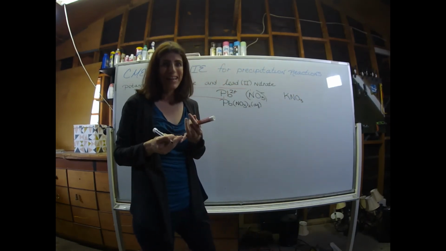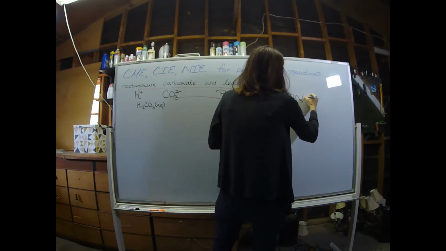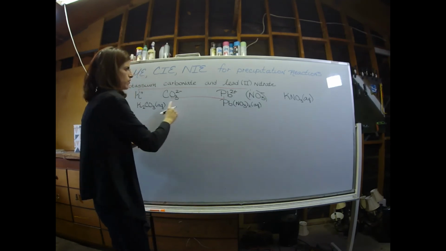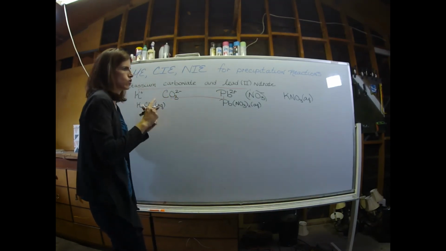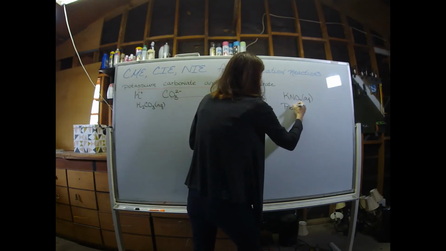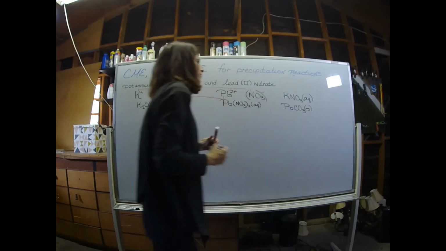We got group 1 cations and nitrate, so I know that that's soluble or aqueous. And then the lead with the carbonate, +2 and -2. And that's going to be a solid because it contains lead.